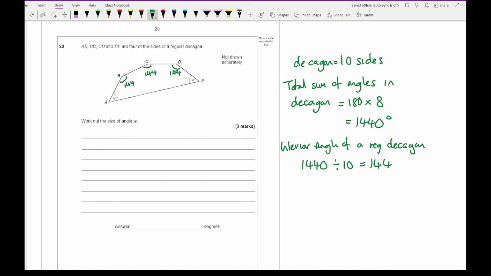Now, what I know is in a five-sided shape, the interior angles sum is going to be 3 times 180. It's the number of sides take away 2 times 180, which is going to give me 540.